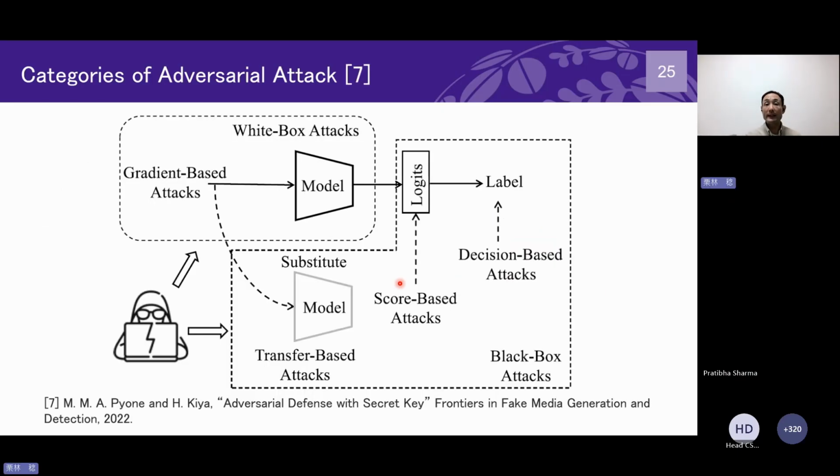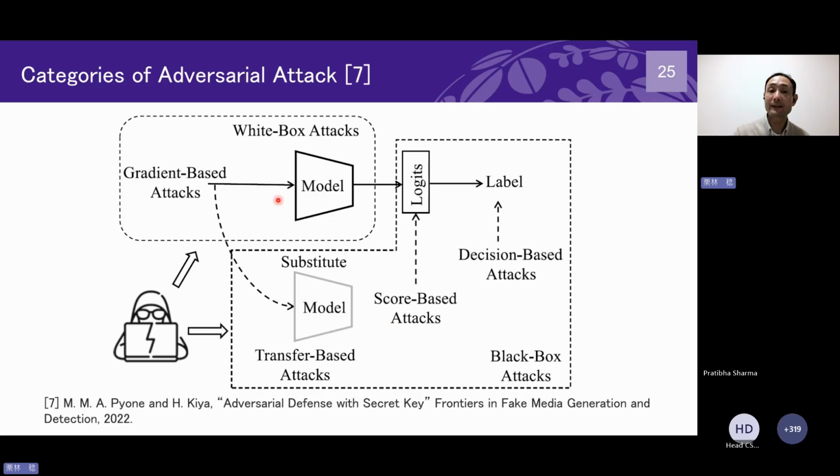This way it is much easier to find the categories of the adversarial attacks. So this is a target model. Then the adversary can observe the model. Then it is possible to make white box attacks. One of the typical attacks is a gradient-based attack. And the other is a black box attack.